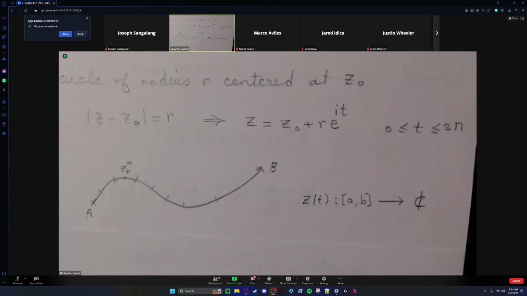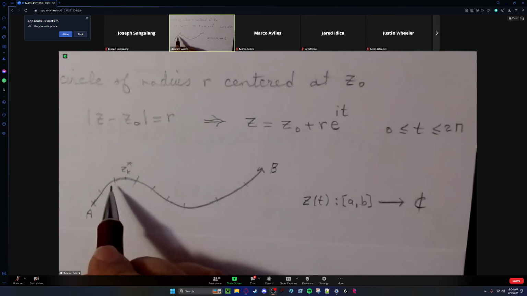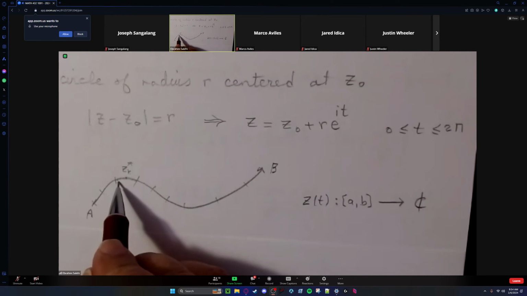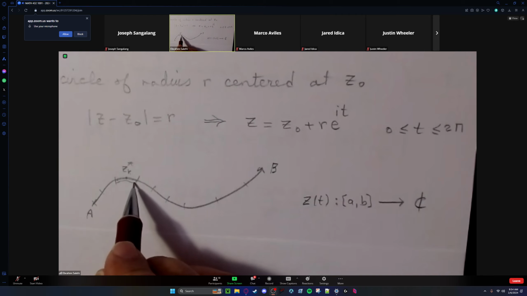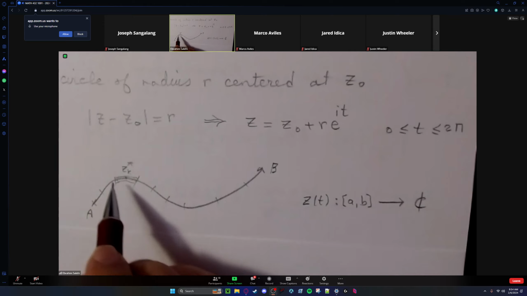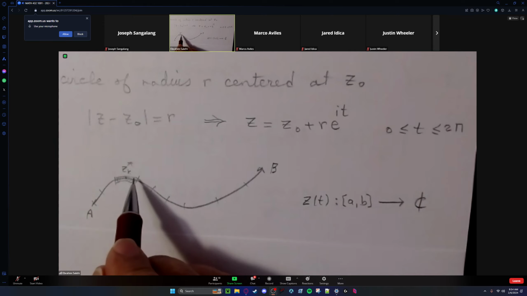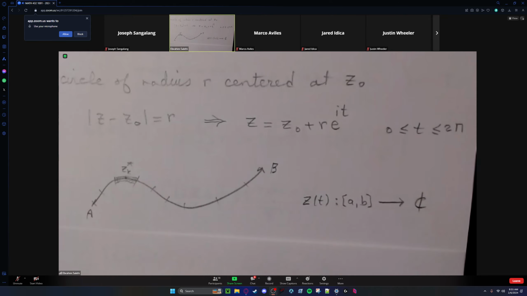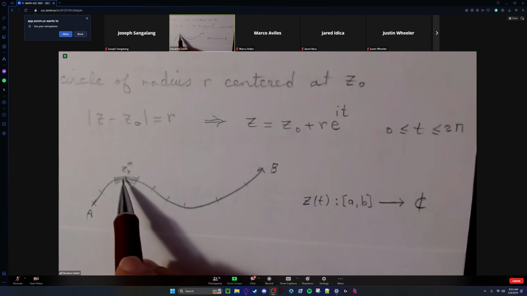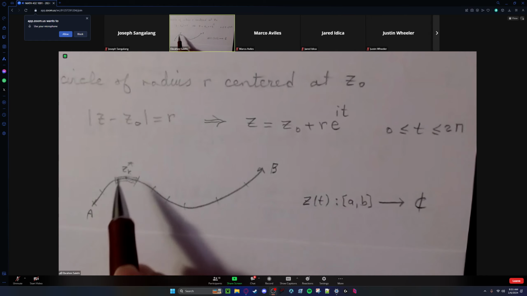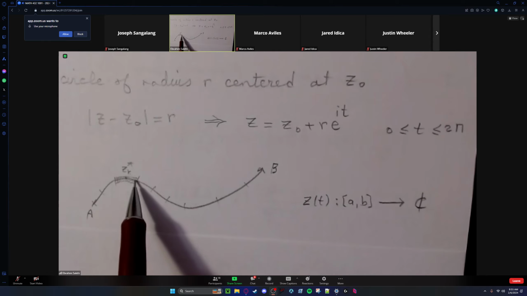So we go through the same process. We partition this curve, okay? At a typical partition, let's say this, we choose a point, z star k. Evaluate the function at this point and multiply by the length of this curve.